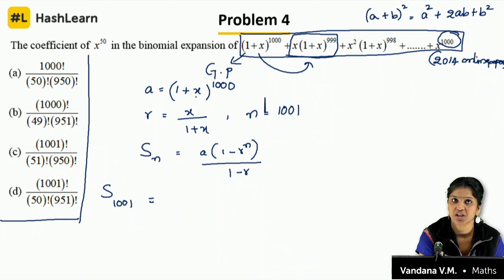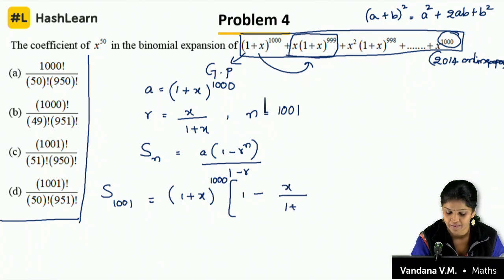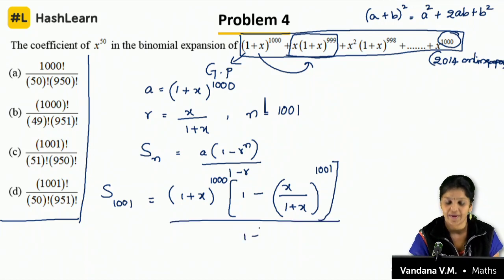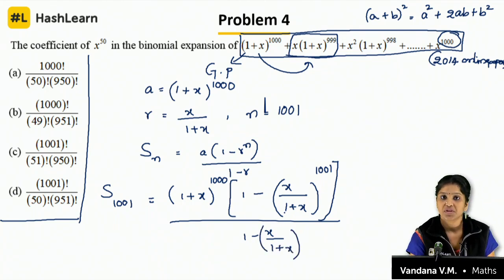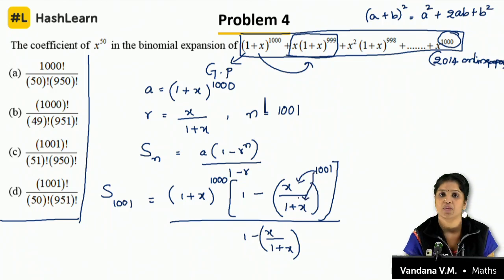What is your first term, children? That is (1 plus x) whole power 1000, into (1 minus r). What is your r? (x by 1 plus x) whole power 1001, divided by 1 minus r, again x by 1 plus x. Now, see, this power will come to the numerator, this power will come to the denominator.